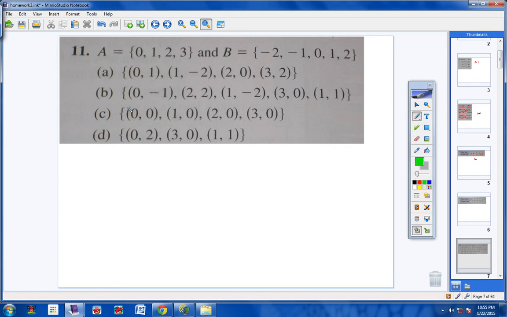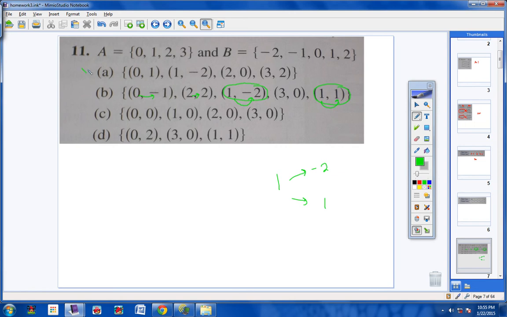Alright, letter B. 0 has one output. 2 has one output. But hold on right here. Look carefully, students. 1 gives you out -2, and 1 gives you out 1. So 1 has 2 outputs, -2 and 1.